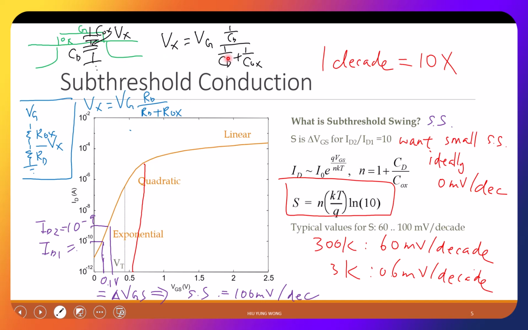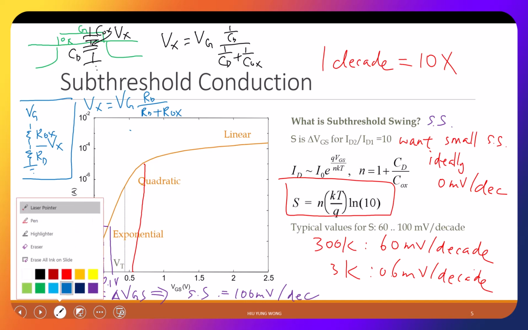You can do a similar thing for AC, or you go through all the equations. You can memorize it this way because 1 over capacitance is like the impedance. So now it's 1 over CD divided by the sum of these two impedances.